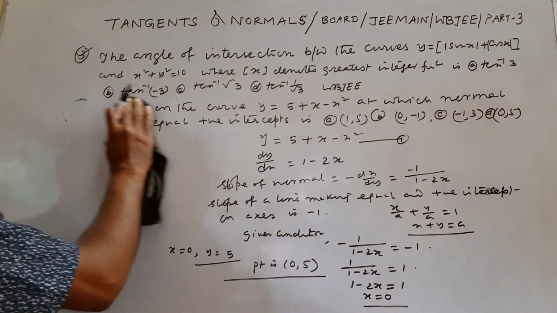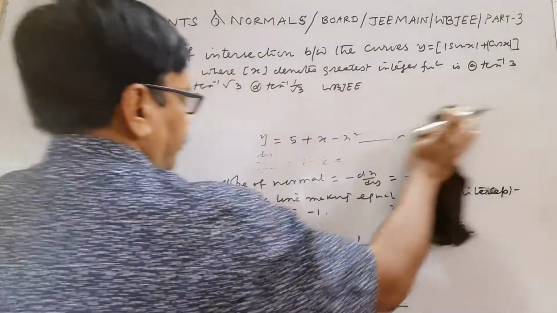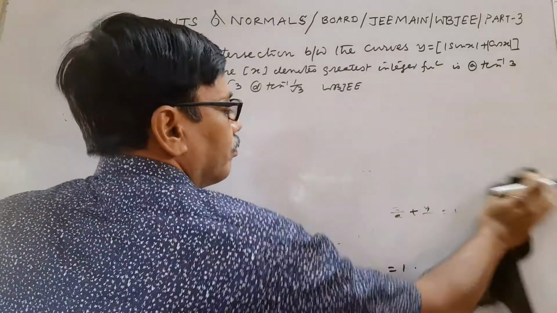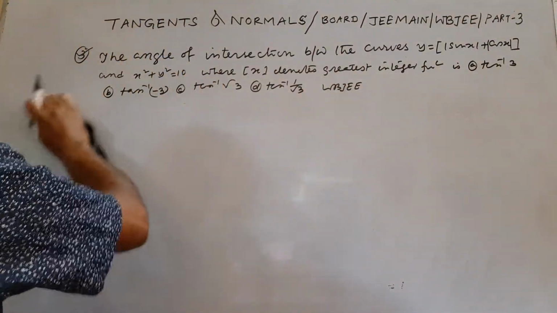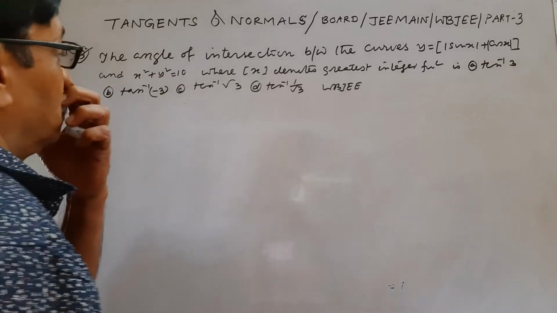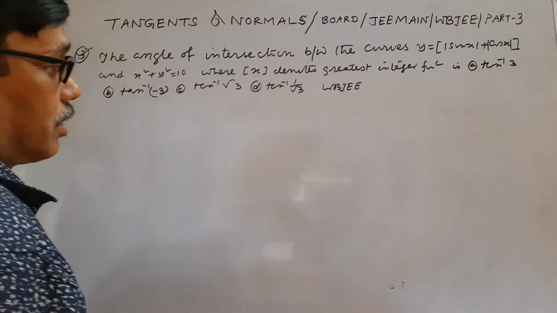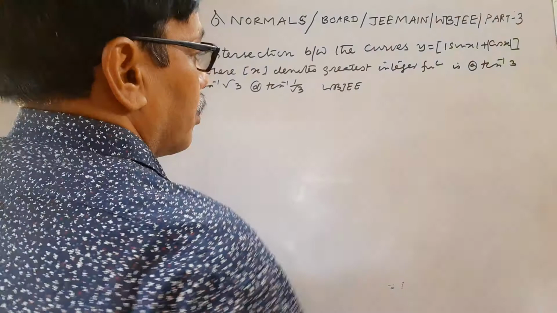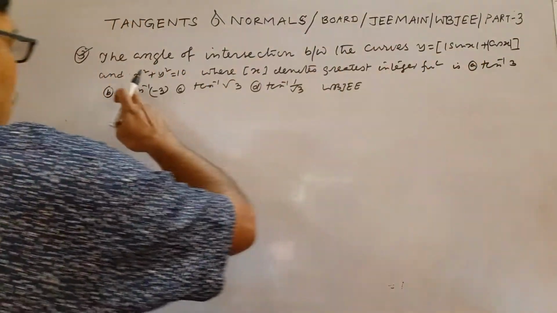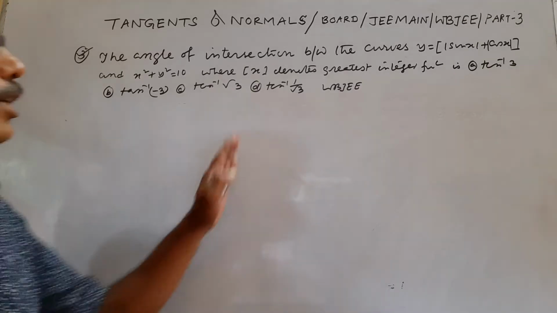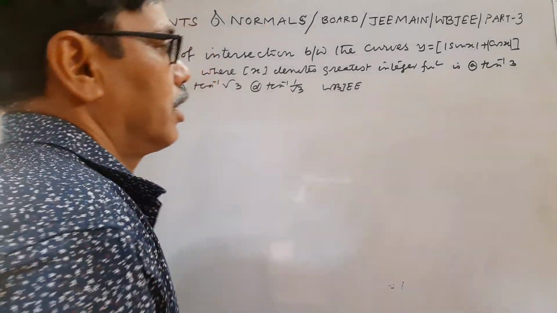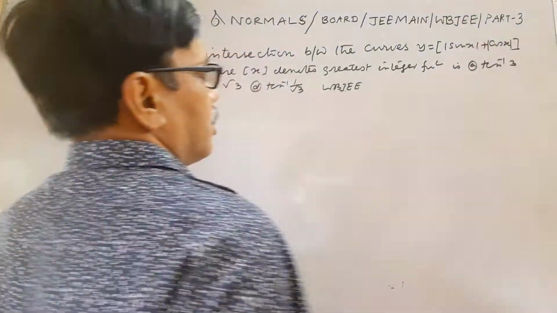Now problem number 3. The angle of intersection between the curves this and x square plus y square equals 10, where the bracket denotes greatest integer. So this is greatest integer function.